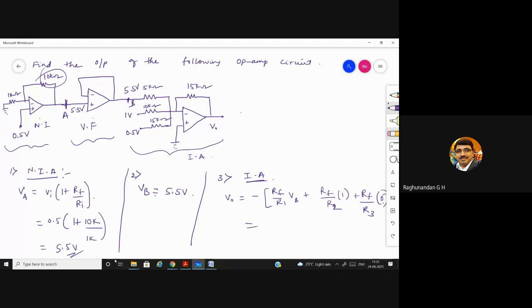Now substitute the values and tell me the answer. Rf value is 15. These both are not equal, not satisfied. Again, if you are given as 5, again not satisfied.